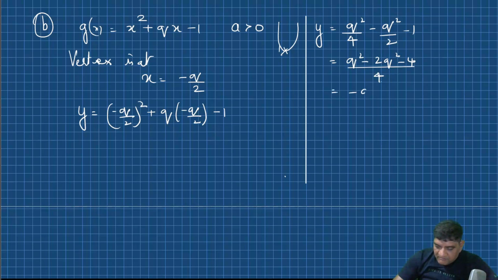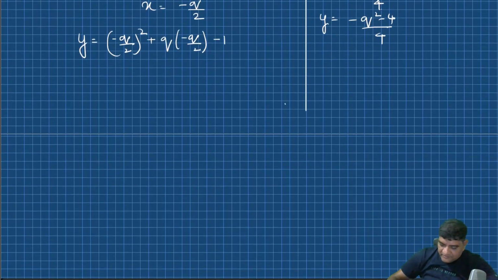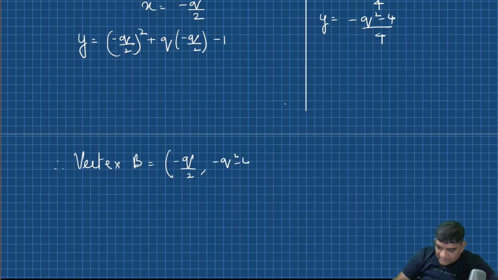So that's minus q squared minus 4, divided by 4, and that's my y. What is my vertex B? The x coordinate is minus q by 2, and the y coordinate is minus q squared minus 4, all divided by 4.